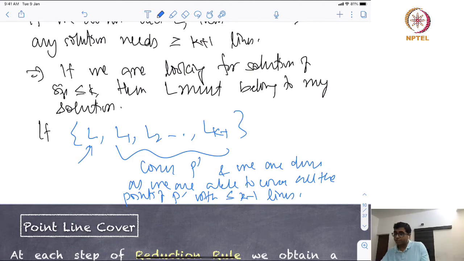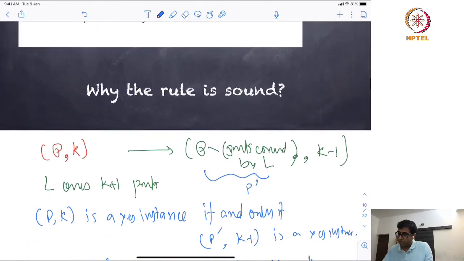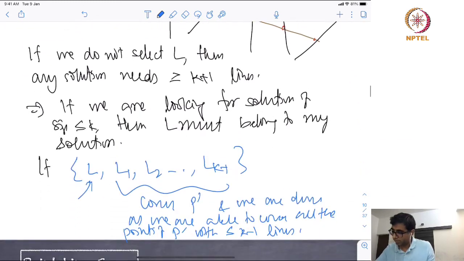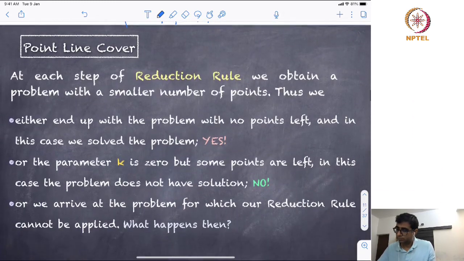So we have shown that if you have a yes instance, then P prime comma k minus 1 is also a yes instance, and the other way around.